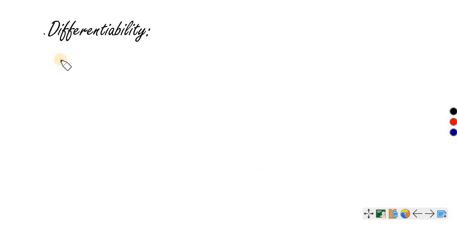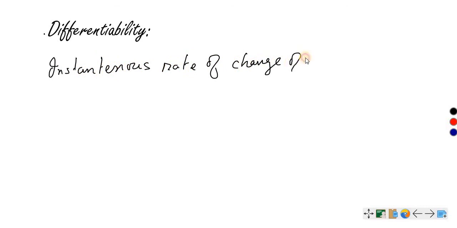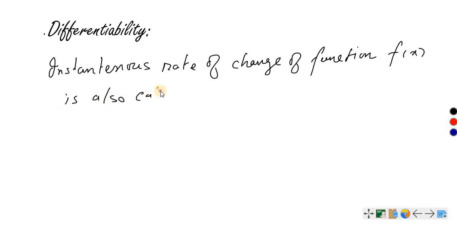So after having the concept of instantaneous rate of change of a function, let us try to understand one more thing, that this instantaneous rate of change of a function f of x is also called the derivative of the function.